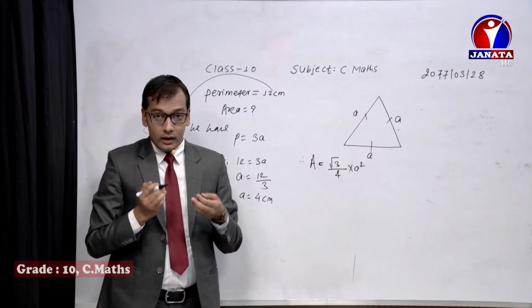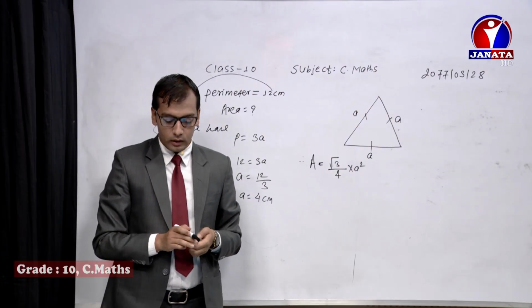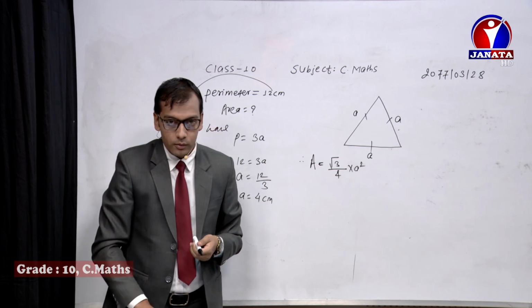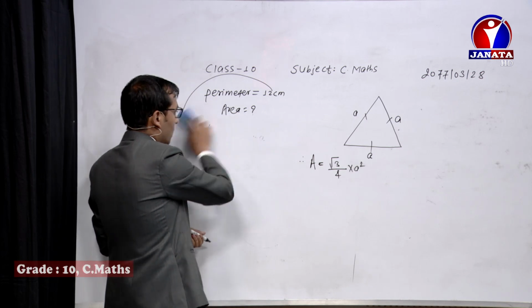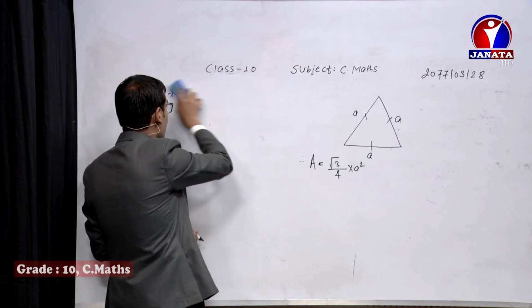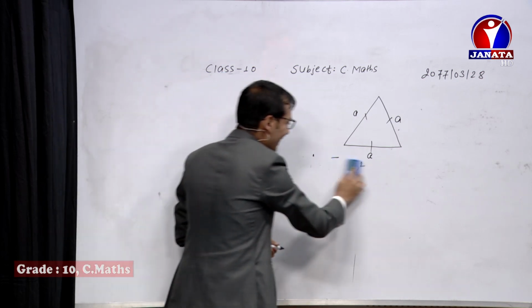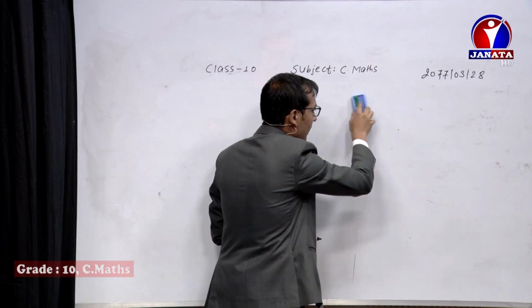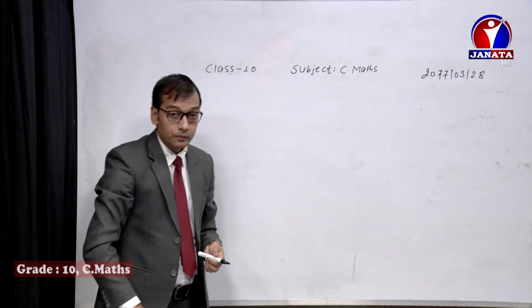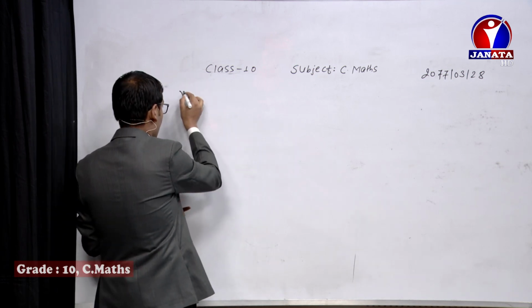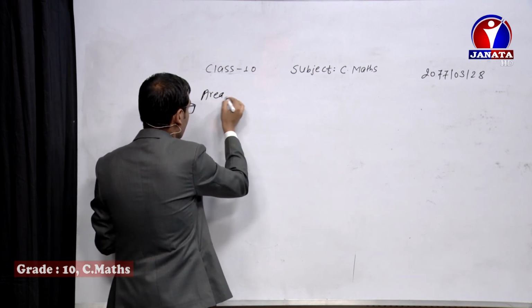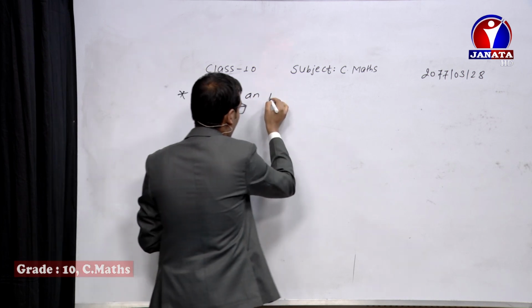Now let me move to the next special type of triangle, the isosceles triangle. Now we will discuss what an isosceles triangle is, what its area is, how we find the area, and its perimeter. Let me move to the next type, area of an isosceles triangle.